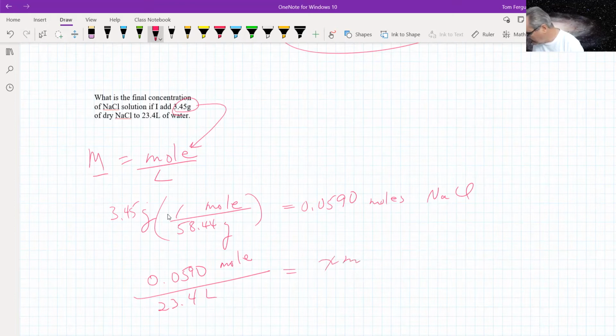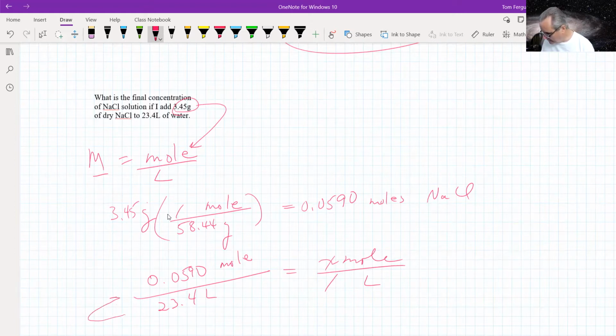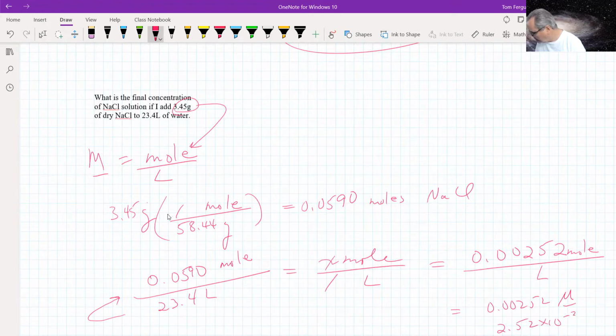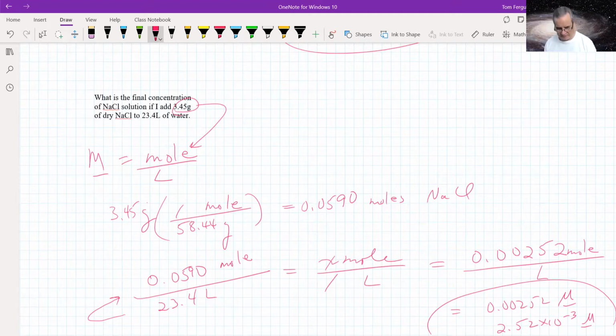We want to know where it is for 1 liter. So that means we're going to divide 23.4 into the moles. Okay, so those are the two variations of dry ingredients. Using dry ingredients to get to our solution.